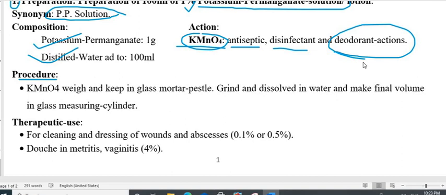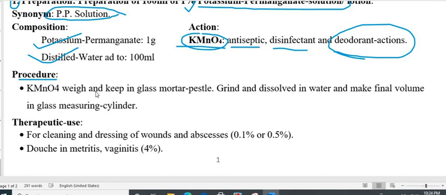So once you need it, make it and use it. It is better, with better effect, because this KMnO4 solution or potassium permanganate solution does not have a long life. So you have to use it fresh.